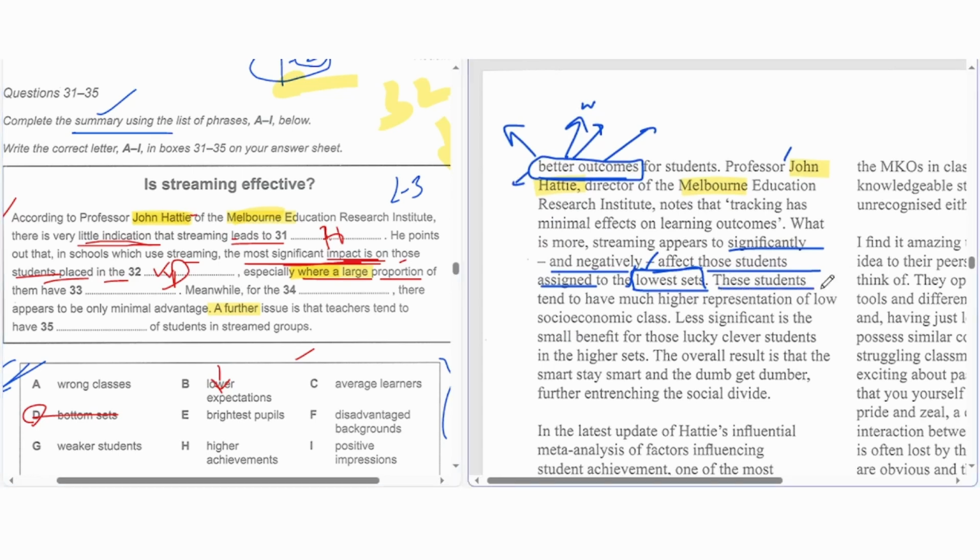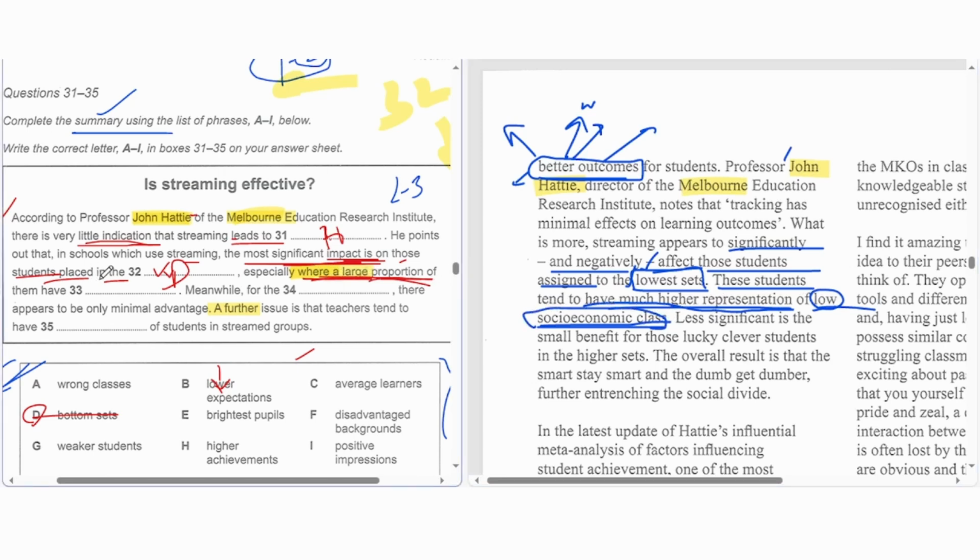They said these students tend to have much higher representation, see, much higher representation, a large proportion of low socioeconomic class. So a large proportion of them have low socioeconomic class. This is your answer: low socioeconomic class.